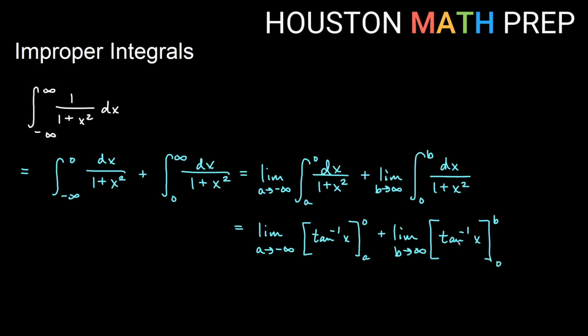Now, if you are having a hard time thinking about these limits on the inverse tangent function, we have gone ahead and provided you a graph of the inverse tangent function here. So let's go ahead and plug all of these things in.